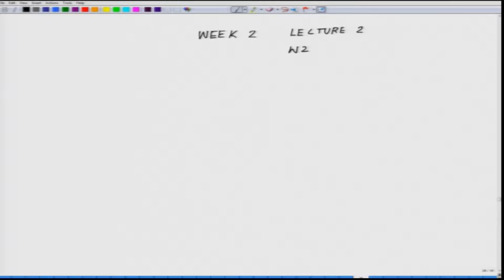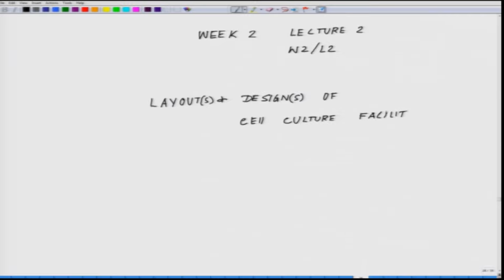So, W2, L2, and what we are dealing with today is layout and designs of cell culture facility. Okay.